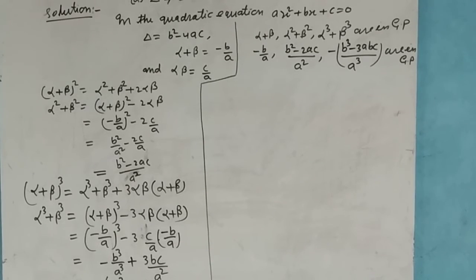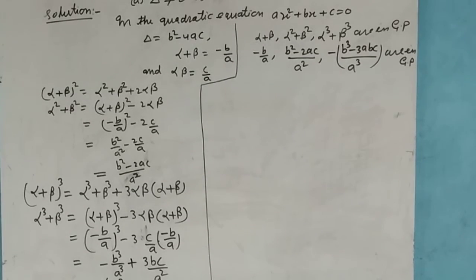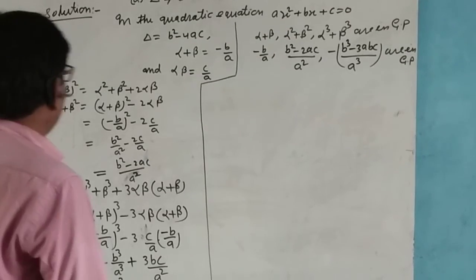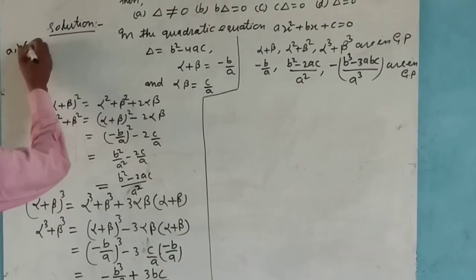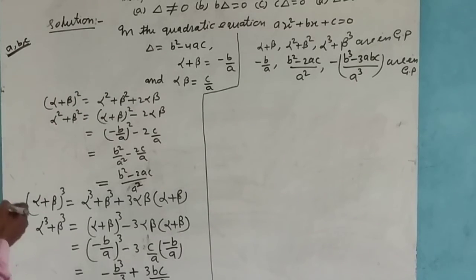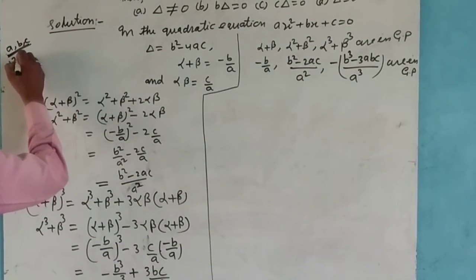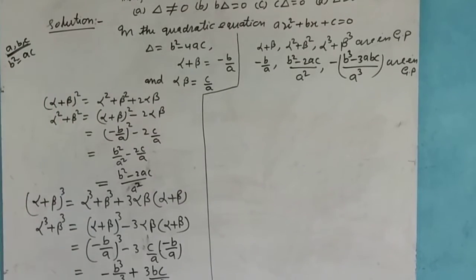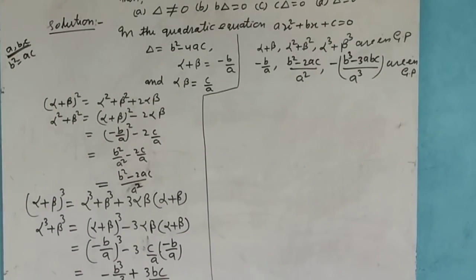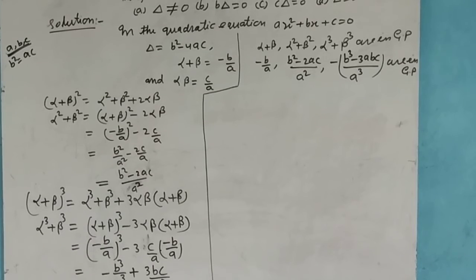Now I know that if A, B, C are in GP, then B square is equal to AC. I know about this property of GP.